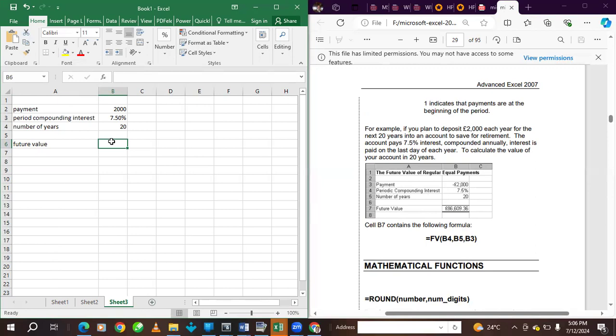So you type equal to FV, and now you click the interest, which you have shown here, you multiply it by the number of years, then also you multiply it by the payment.